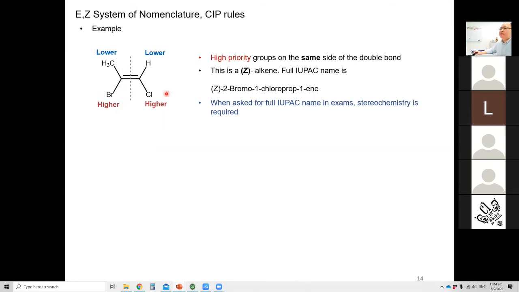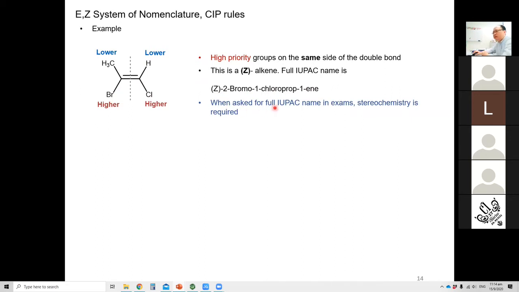On this side, hydrogen must be lowest and chloride is much higher. Now you can see the bromide and the chloride, these two higher priority groups, are on the same side of the molecule, so we can call it a Z alkene. The IUPAC name should be Z-2-bromo-1-chloroprop-1-ene.